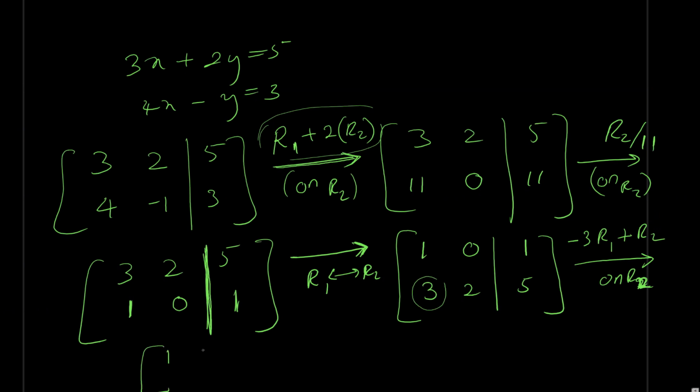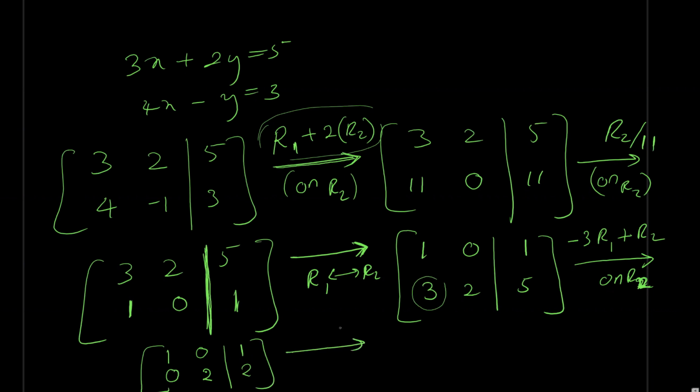So 1, 0, 1, and negative 3 times 1, negative 3, and when you add, we get 0 here. And 0 times negative 3 is 0, and then I get 2 here, and negative 3 times 1, negative 3 and 5, I get 2 here.